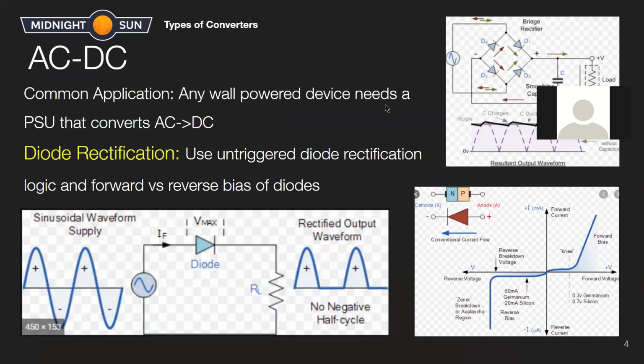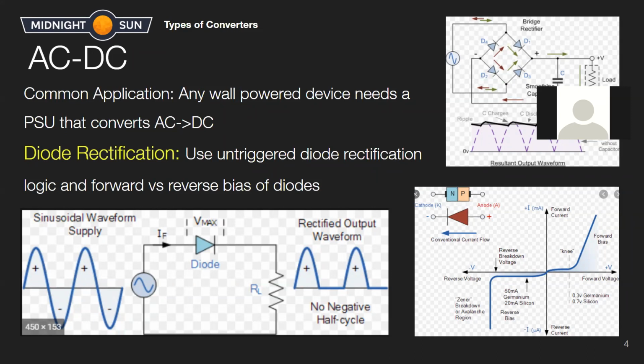So AC-DC converters: any power supply unit, PSU, requires an AC-DC converter, because if you have an appliance that requires power from the outlet, what you see from your outlets in your homes, in North America at least, is a 120 volts AC 60 hertz sine wave.